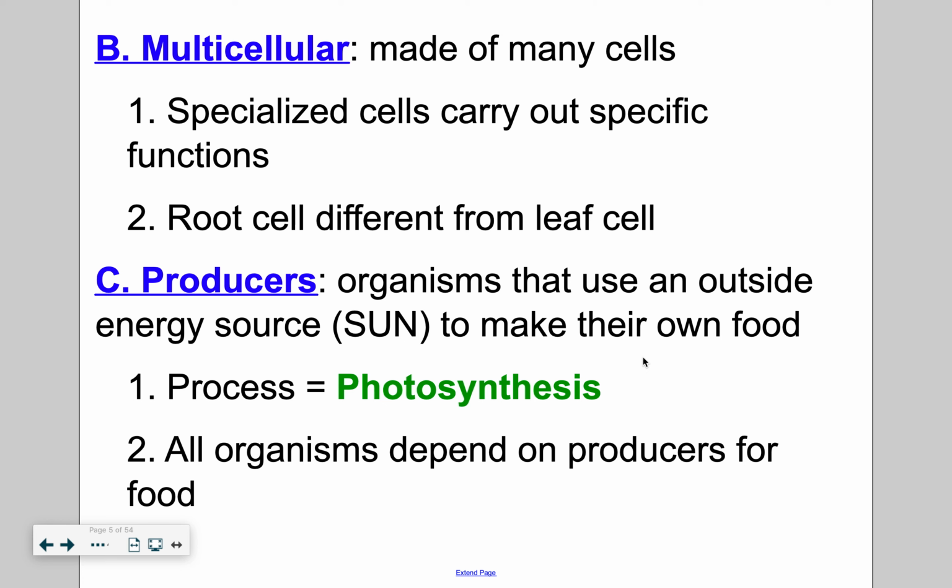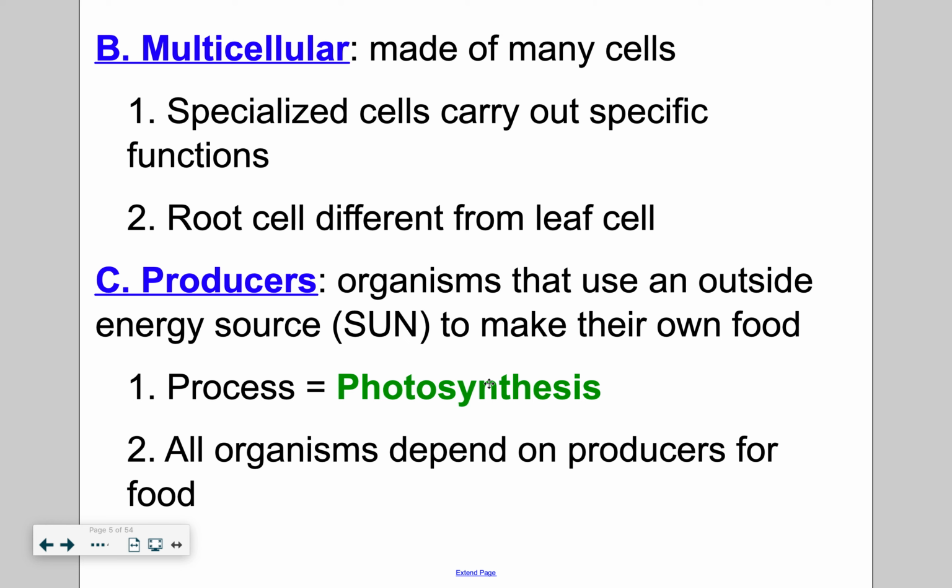Plants are producers. That means that they make their own food. They use an outside energy source, in this case the sun, to make their own food, and that food is sugar. This process is photosynthesis, and all organisms depend on producers for food. You can trace everything you eat back to the sun, but what comes after the sun?